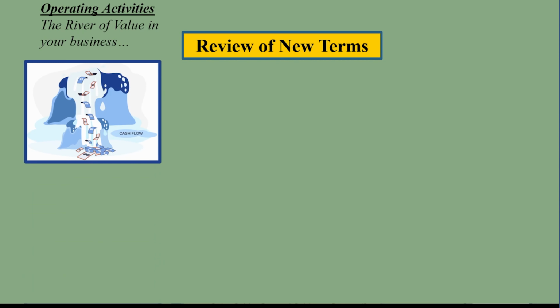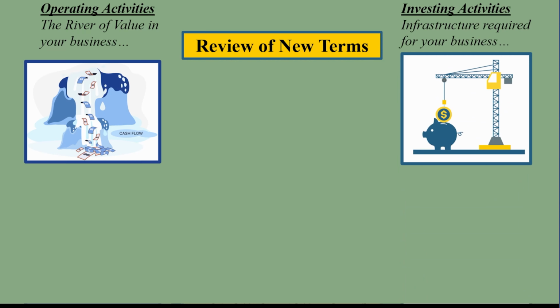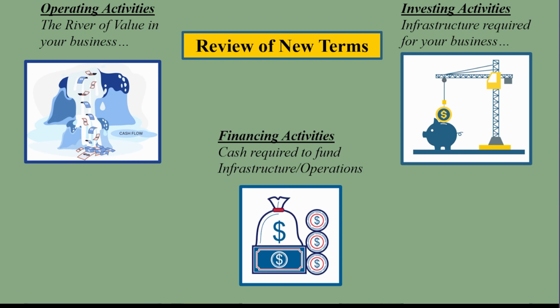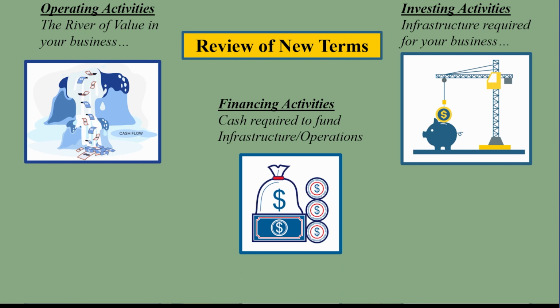Operating activities, the river of value in your business. Investing activities, infrastructure required for your business. And financing activities, the cash required to fund this infrastructure and sometimes your operations.